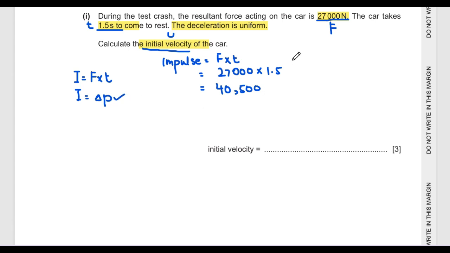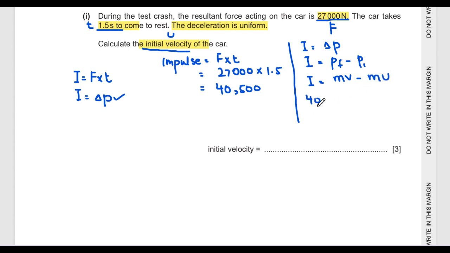The next thing that you know is that impulse is also equal to change in momentum. And we can split change in momentum as final momentum minus initial momentum. Let me write momentum in terms of its formula, which is m times v. So m times final velocity subtracted by m times initial velocity that we need to find.